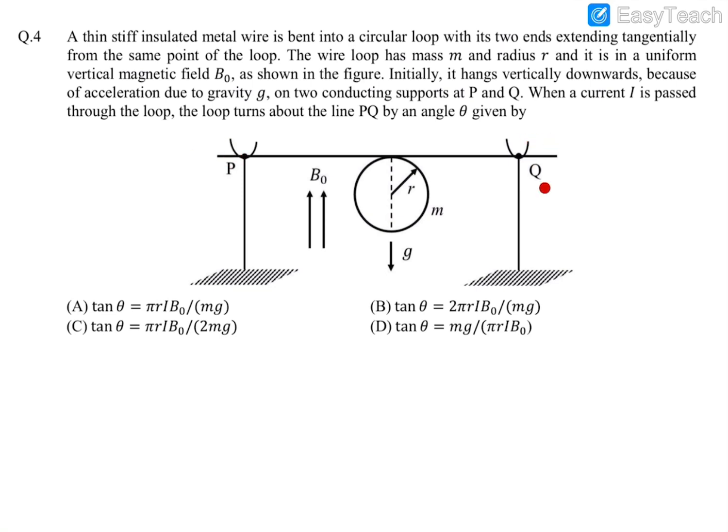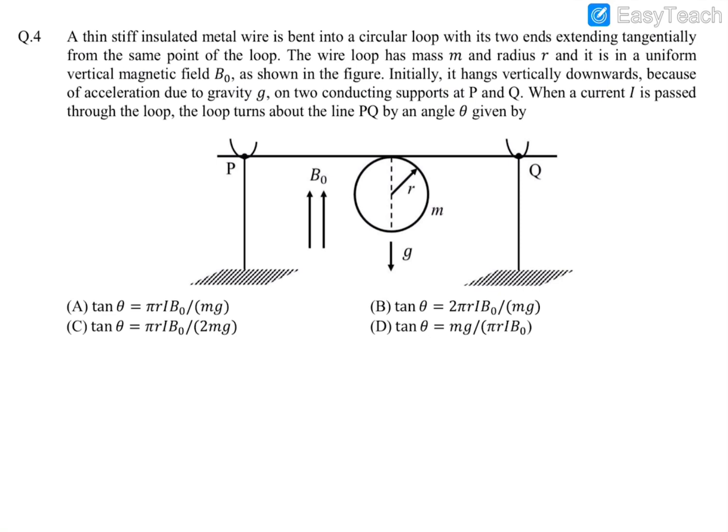These supports are conducting, and there is a vertical magnetic field acting on the loop. Initially the plane of the loop is in a vertical plane, and the magnetic field is also in the vertical direction. The mass of the loop is m, and suddenly a current is passed through this loop. So this loop turns by an angle of theta. We have to find out the value of theta.